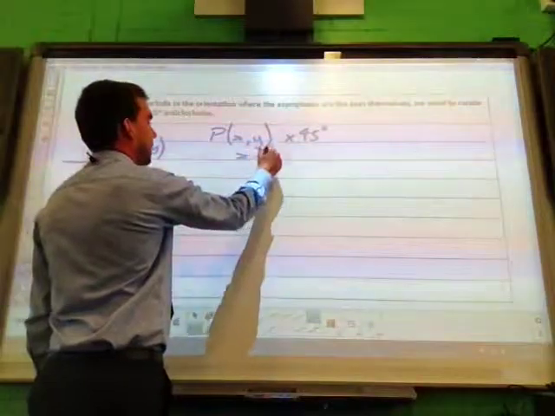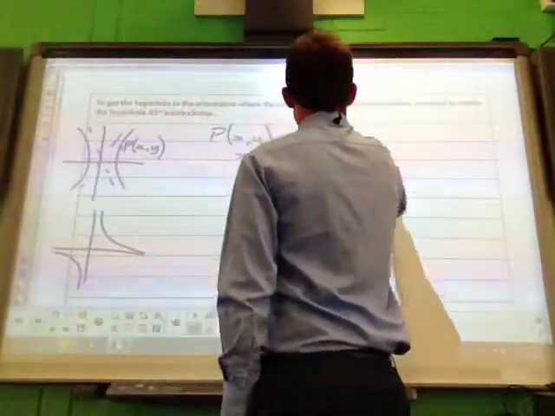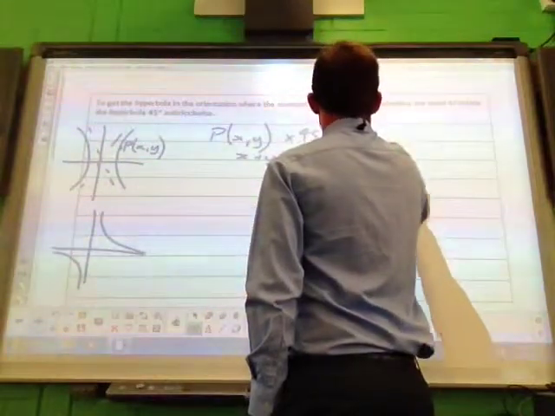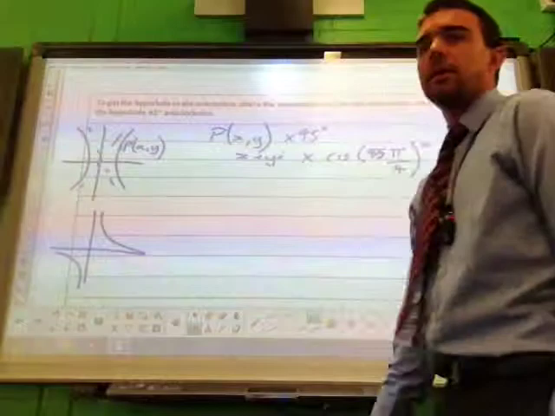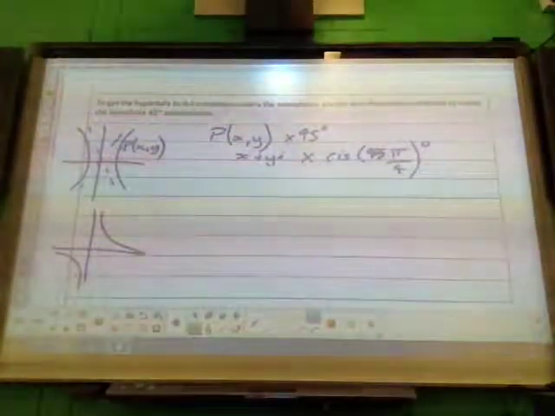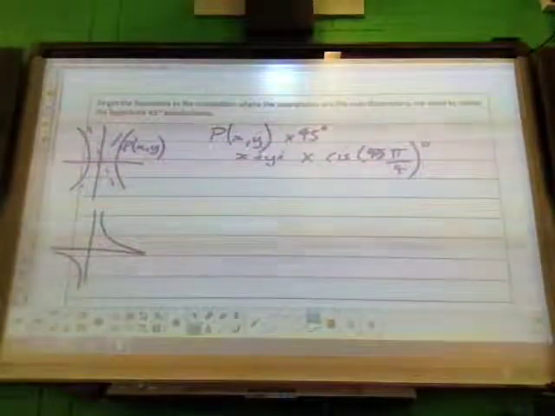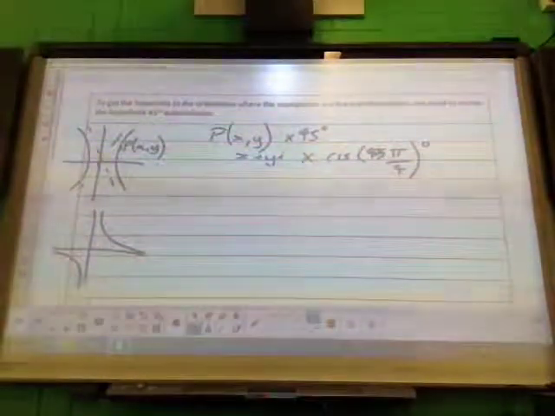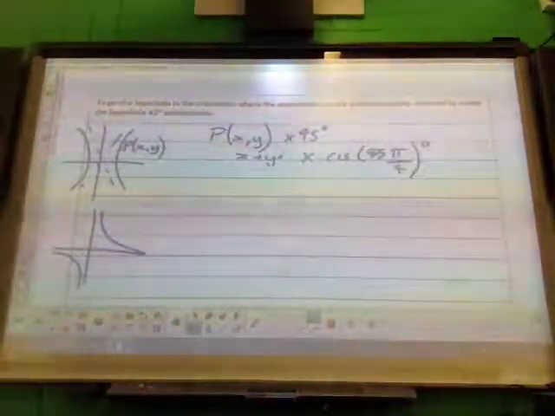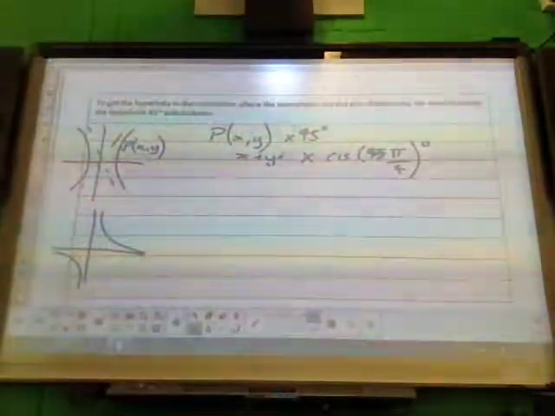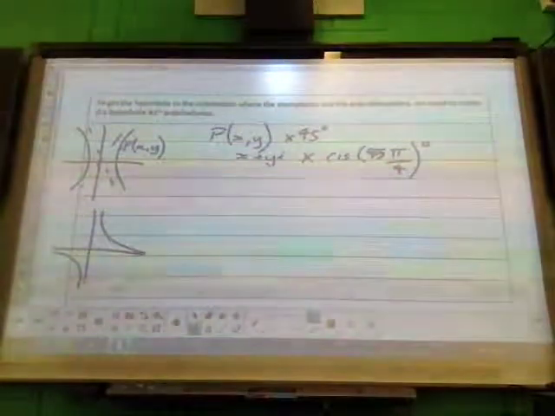So x plus yi, and I'm going to multiply it by cis of pi on 4, 45 degrees, doesn't matter. When we multiply by the argument, we form a rotation of the point. If we do that for a generic point on the hyperbola, we get a transition into what we're used to seeing.